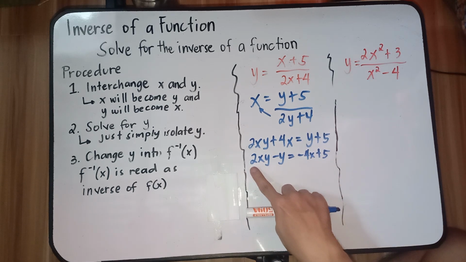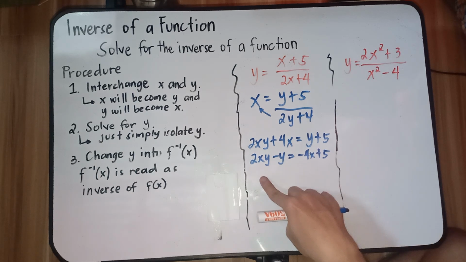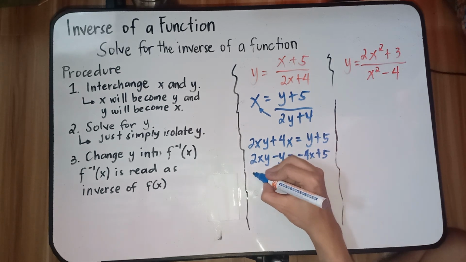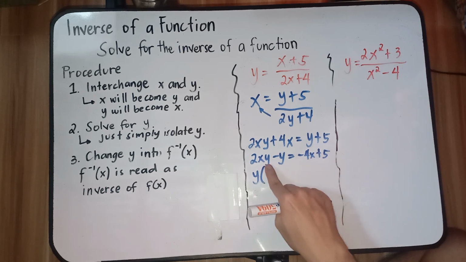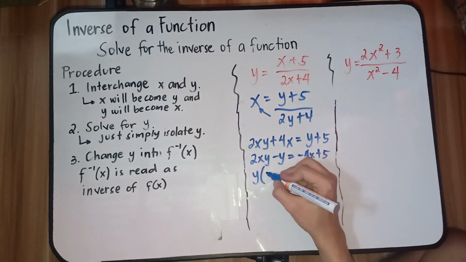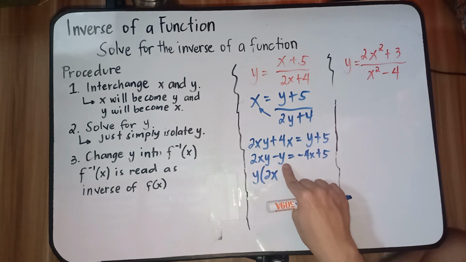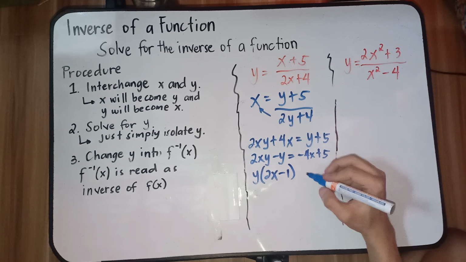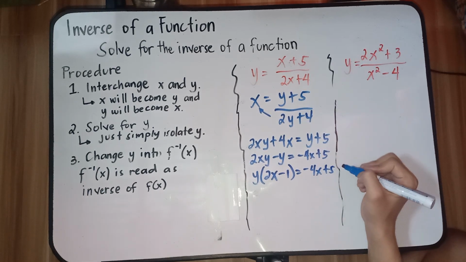Next, 2xy and negative y has both y, meaning we can factor out y. So to factor out y, we have y times 2x will remain, and when you factor out y from negative y, negative 1 will remain, is equal to negative 4x plus 5.